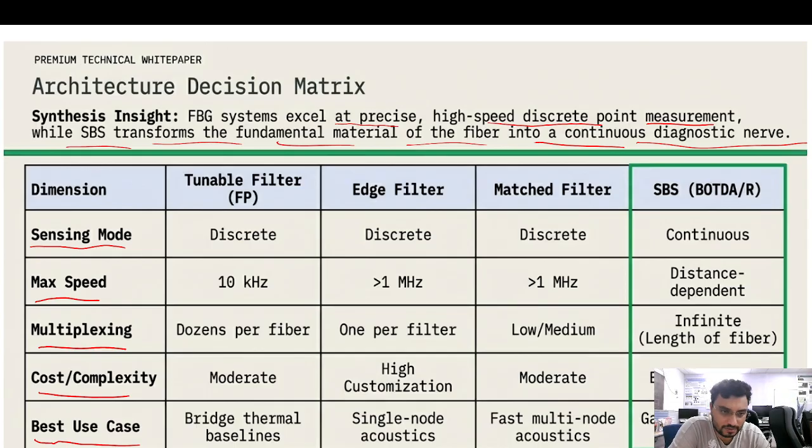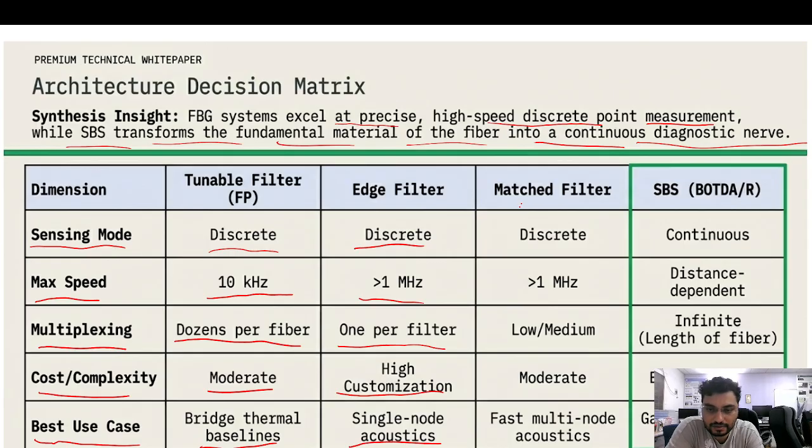The first one is the tunable filter for FBG. The tunable filter has the sensing mode discrete, maximum speed 10 kilohertz, dozens per fiber multiplexing, moderate cost, bridge thermal baselines. Going towards the edge filter, it's also discrete, above 1 megahertz, one per filter, high customization, single node acoustic.